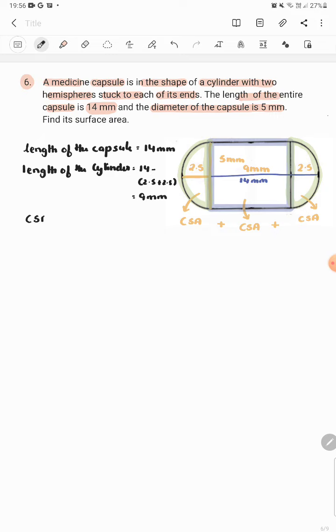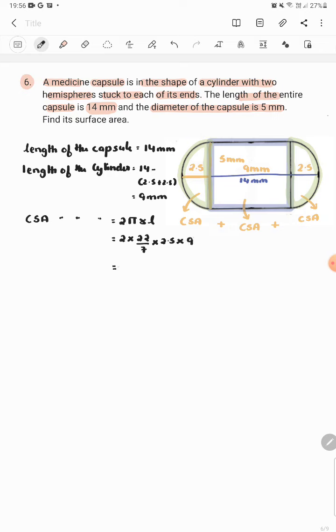Now curved surface area of the cylinder is equal to 2 pi r L, and we know the radius is 2.5. 2 multiplied by 22 upon 7 multiplied by 2.5 multiplied by L, that is 9.